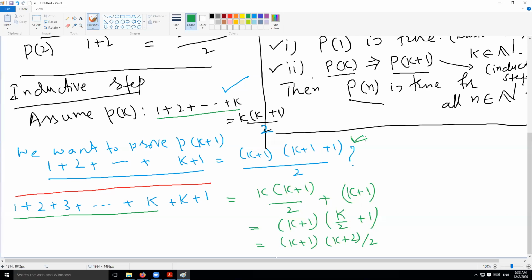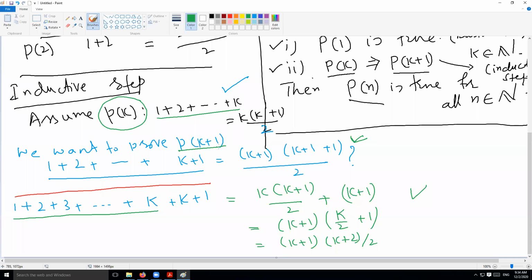So what did I show? I showed that if I sum from 1 to k plus 1, the sum is going to be k plus 1 times k plus 1 plus 1, in other words k plus 2, and everything divided by 2. But in order to prove this statement, what was the crucial thing that helped me? The crucial thing was P of k: assume P of k is true, and using that, we proved P of k plus 1 is true.